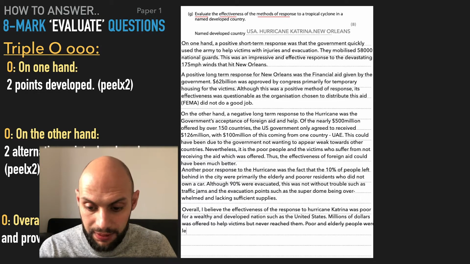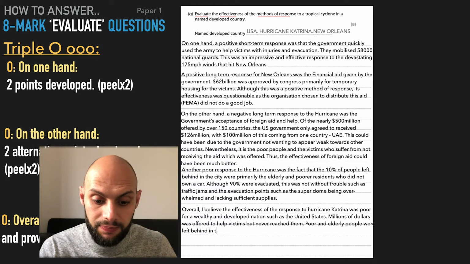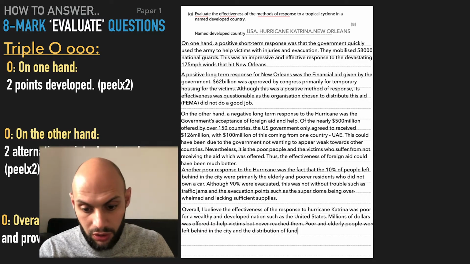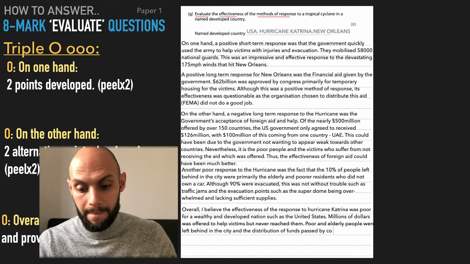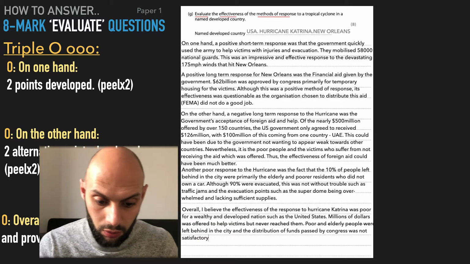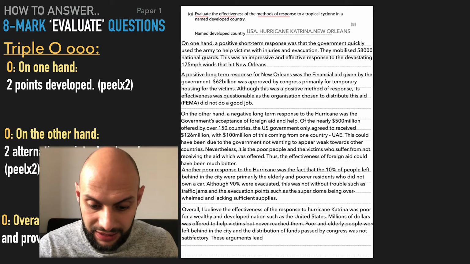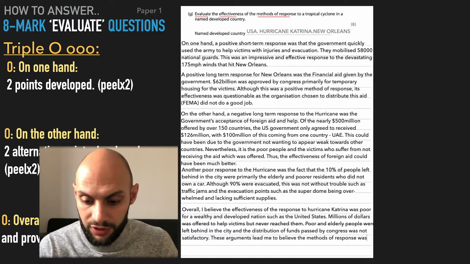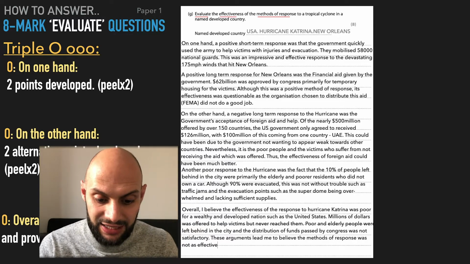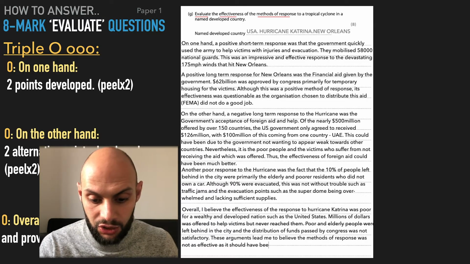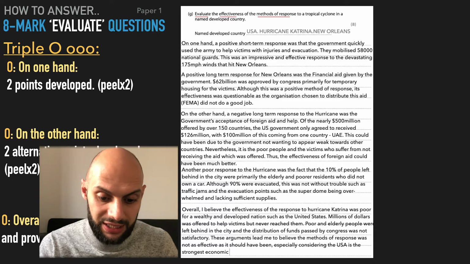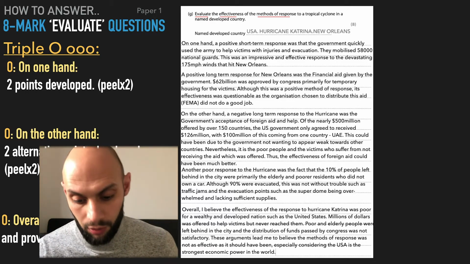Poor and elderly people were left behind in the city, and the distribution of funds passed by Congress was not satisfactory. These arguments lead me to believe the methods of response were not as effective as they should have been, especially considering the USA is the strongest economic power in the world.